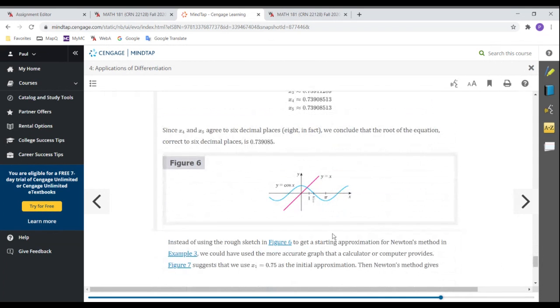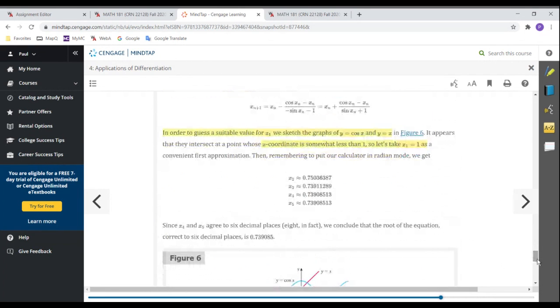In the figure, they draw the cosine of x function and y equals x, and the two functions intersect. We don't know the coordinate, but we know the x-coordinate is pretty close to x equals 1. So they pick x equals 1 as the starting point.